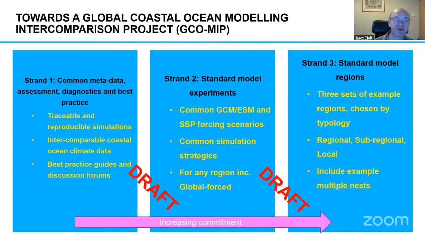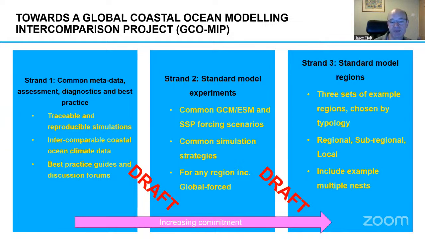It's about identifying traceable and reproducible simulations, sharing common metadata, assessment approaches, diagnostics, and best practice. The second strand is then introducing standard model experiments, so specific collections of global climate model, a system model, and particular forcing scenarios within a prescribed common set of simulations and simulation strategies for these.